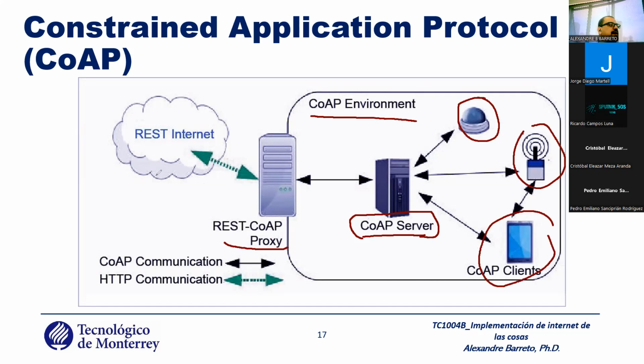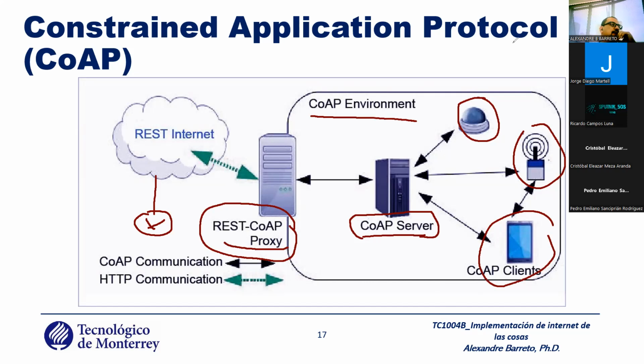But think that you have one resource here on the internet. This resource needs to send the data to the REST CoAP proxy that translates and sends it to the CoAP server. It means that the CoAP message is not encapsulated in HTTP.